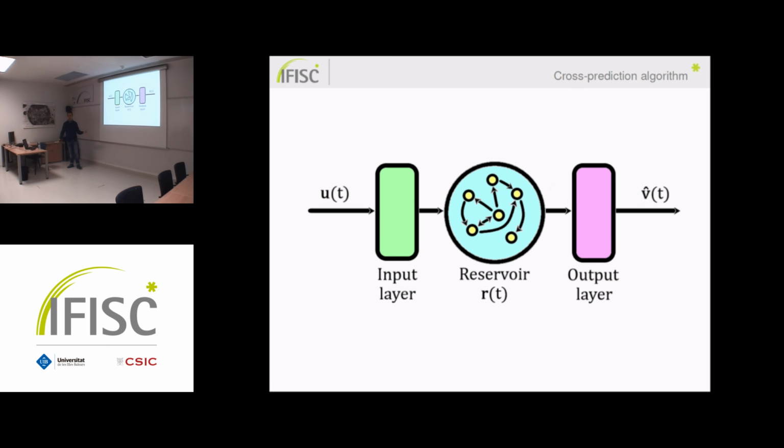Let's talk a little bit about the methodology. Here we can find a scheme of the time series inference algorithm. Here we have a reservoir, which is a random neural network whose nodes evolve nonlinearly. Here U is the time series for which we have an unlimited time series of measurements, and we project this time series into the reservoir nodes.